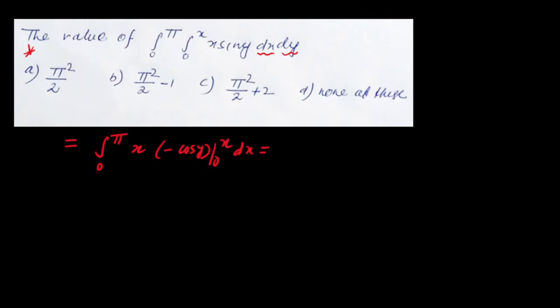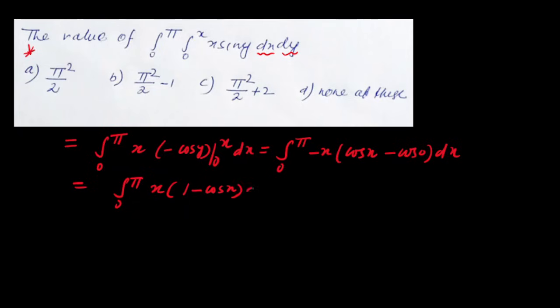Now if I put the limit, I will get, from 0 to pi, minus x, I can take the minus out and I will get cos x, right? And minus minus, I will get cos 0, so minus cos 0 dx. So basically I will get, from 0 to pi, and let me rewrite it, we can take minus common, so I will get (x - cos 0), and cos 0 is equal to 1, so I will get (1 - cos x) dx.